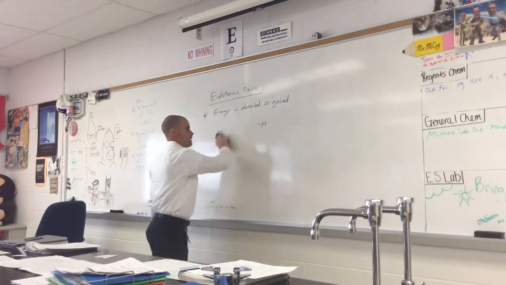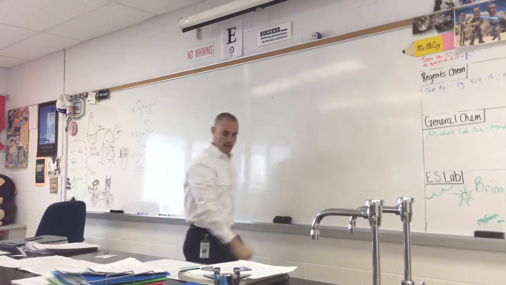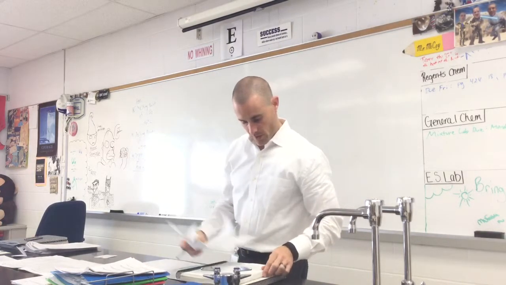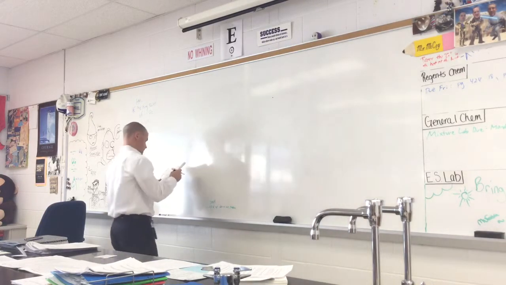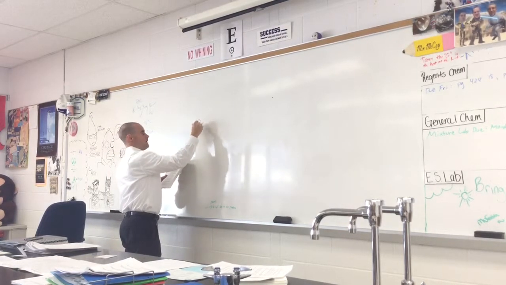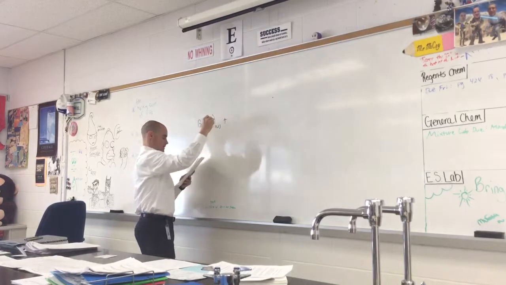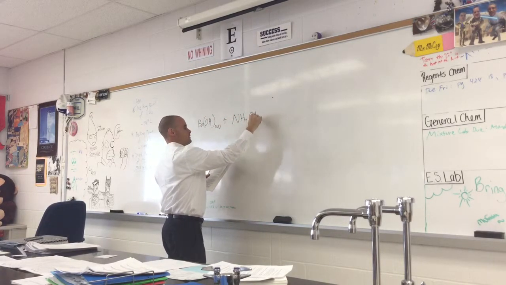All right, so I'm going to write both reactions from yesterday. The first one I cannot remember because there's a lot going on. But the first one with the two white solids mixing. Here we go. So we had barium hydroxide solid. We reacted it with ammonium chloride solid.